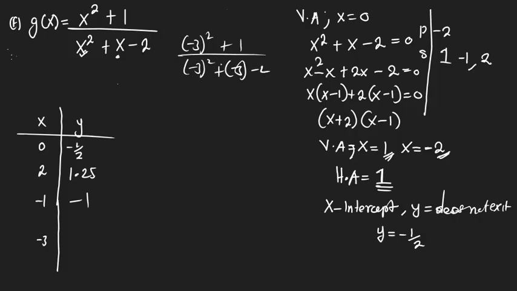This will give us 9 plus 1. On the bottom, this will give us 9 minus 3 minus 2. So this will give me 10 over 4, which is just the same as 2.5.